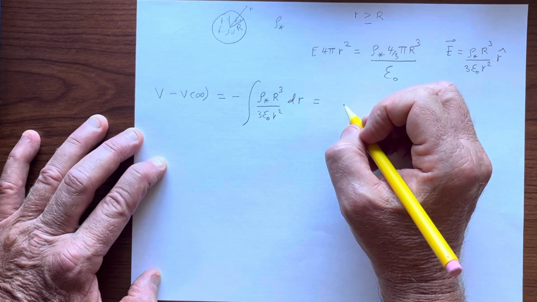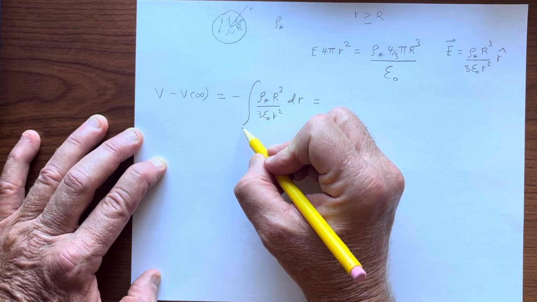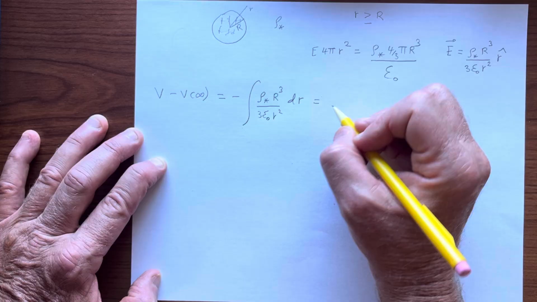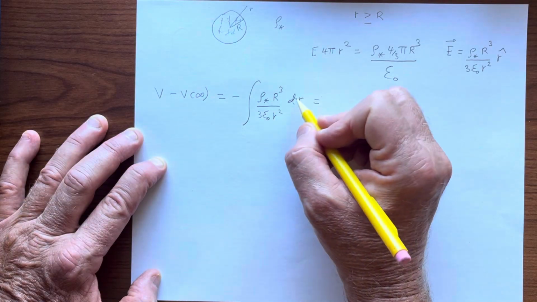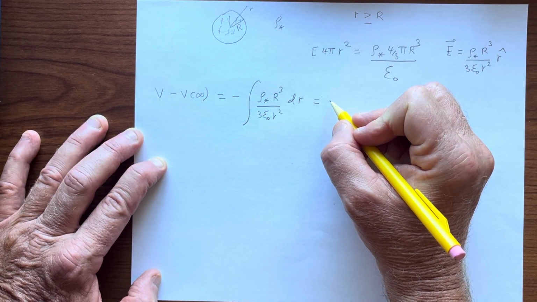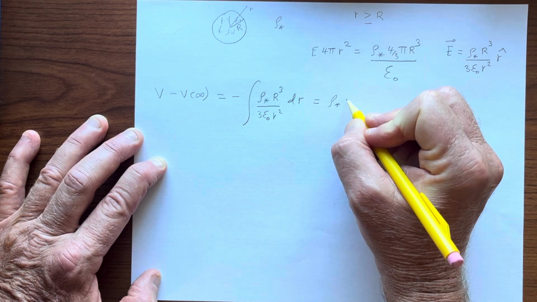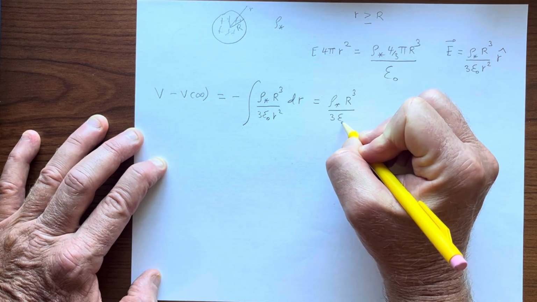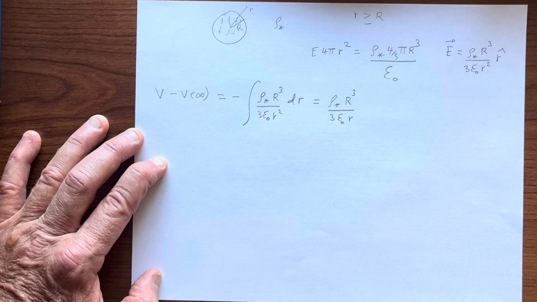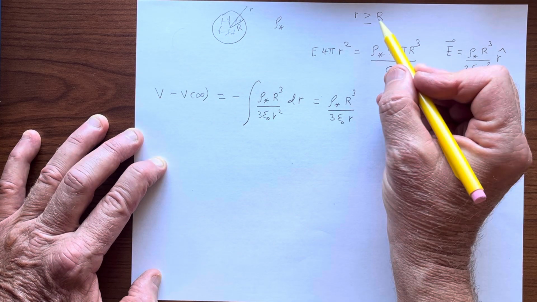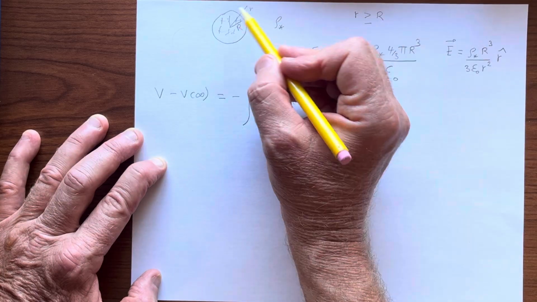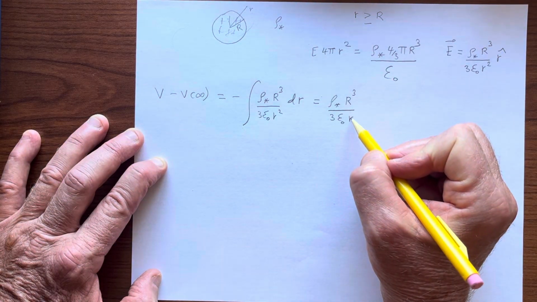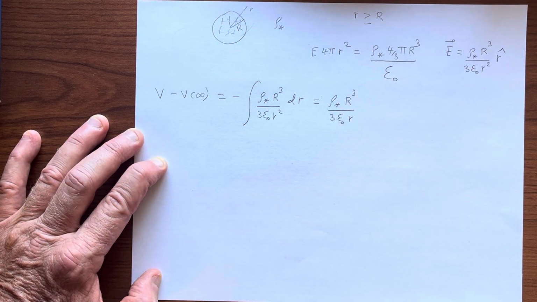And that is from infinity to r. Maybe we should have a prime here, doesn't matter. This gets us rho star R cubed over 3 epsilon naught little r. Okay, so that's the electric potential at some r value greater than or equal to the sphere radius.